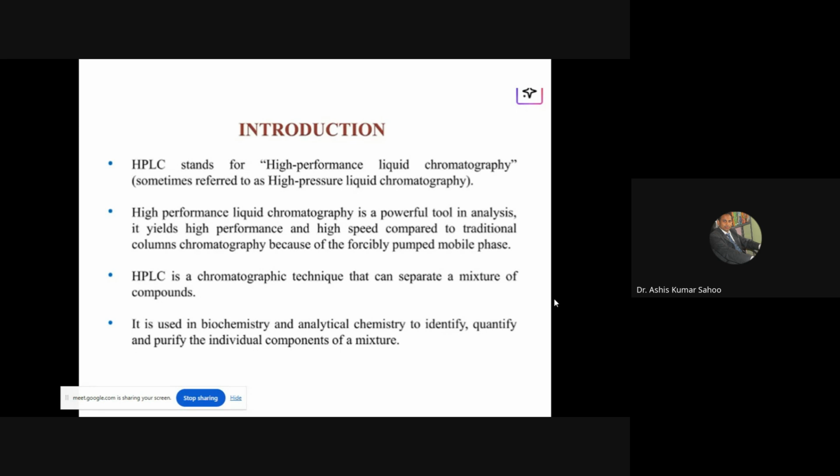So in stereochemistry we know that HPLC is a chromatographic technique that can separate a mixture of components used in biochemistry.